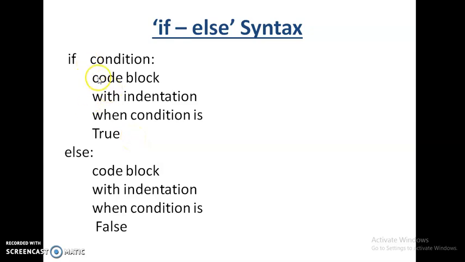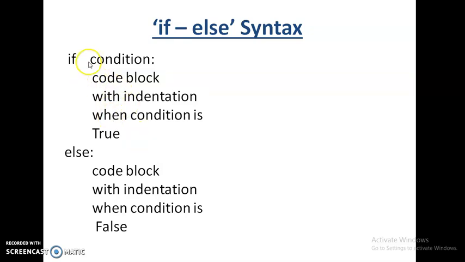Hence, the writing of code with a paragraph space before each line within the code block of if or within the code block of else is called indentation. So basically indentation is a space that is equal to one paragraph or the space which is equal to one tab of your keyboard.